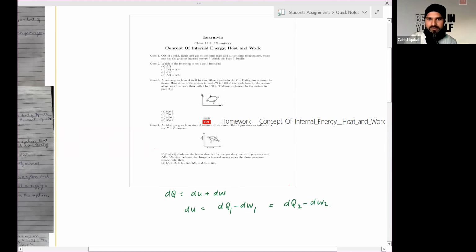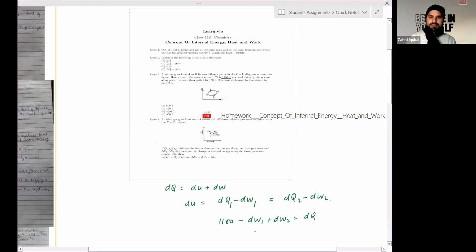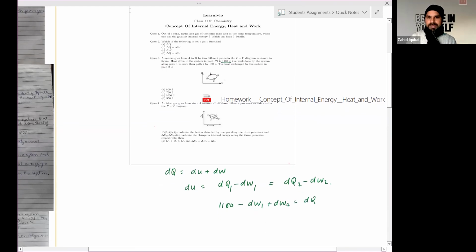We have for path first 1100 joule, and work done by the system along path 1 is greater than path 2 by 150. So move this work done to the left side: minus of dw1 plus dw2 equals dq. dw1 minus dw2 is 150, which is given.